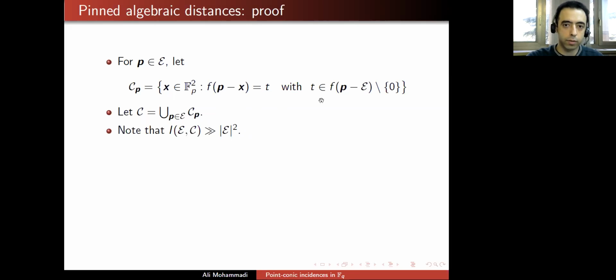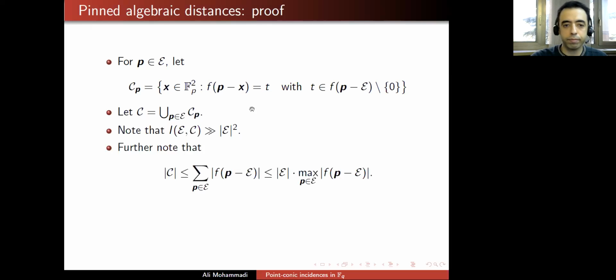Like we said, for a single center you get at least E incidences, and there are E centers, so E to the 2. This was the geometric idea when f was the norm, x to the 2 plus y to the 2, but the same works for other functions as well.